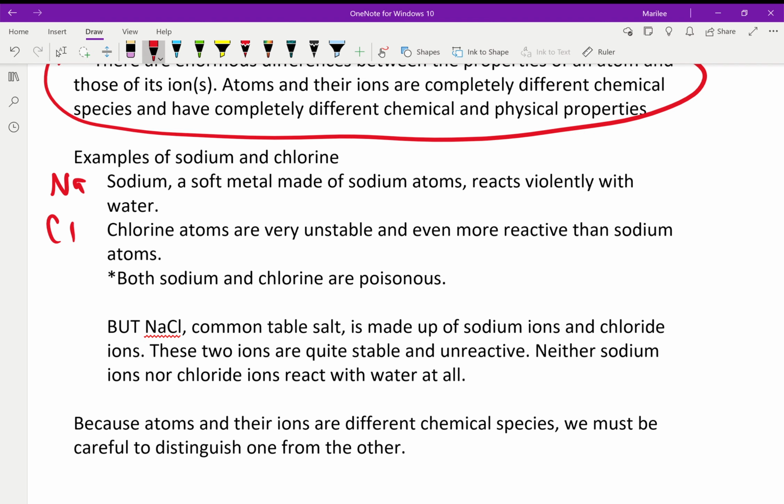If we have NaCl, which is table salt, literally, you consume it. It's made up of sodium ions and chloride ions, and these two react together and are very stable and unreactive. And they don't react with water, so it doesn't become poisonous anymore.